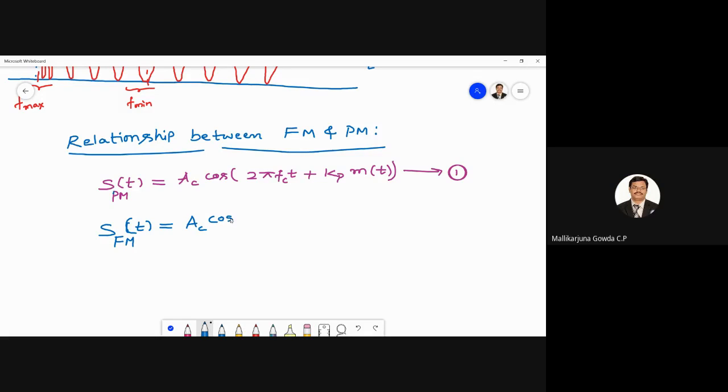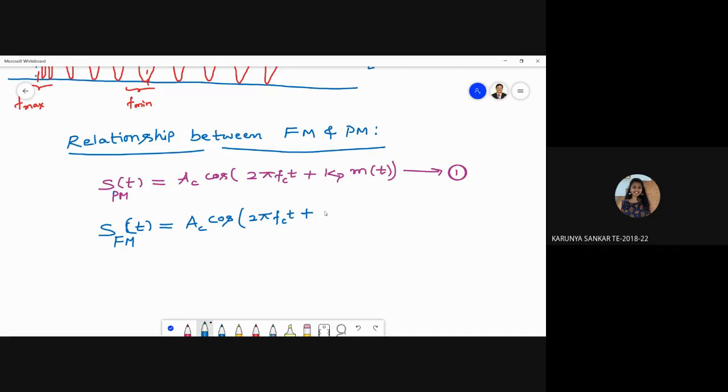You are not familiar with the equation, I think. It shows you are not studying because you don't know the basic equation. This has been taught in the previous class also. AC cosine of 2 pi fc t. The next is the difference. What is the difference?